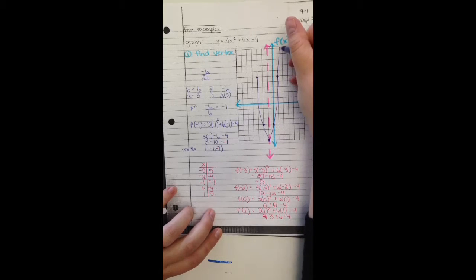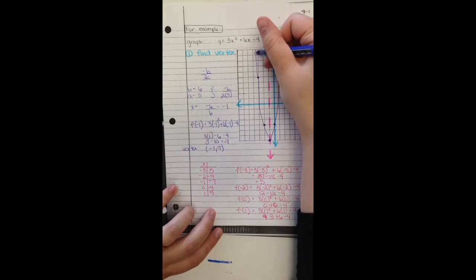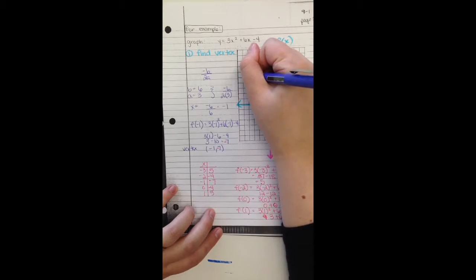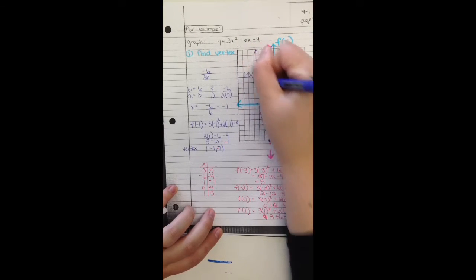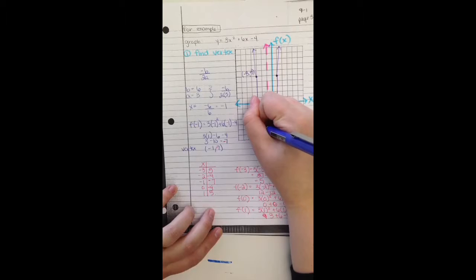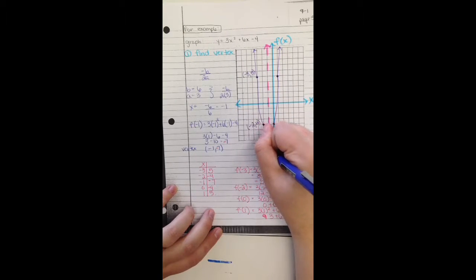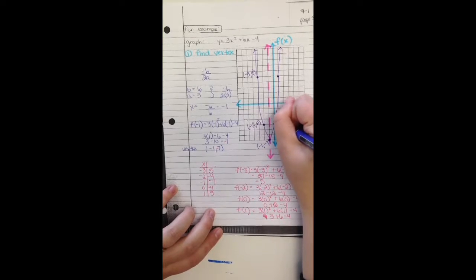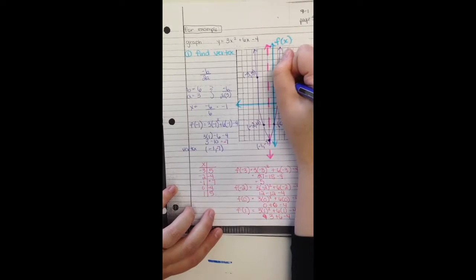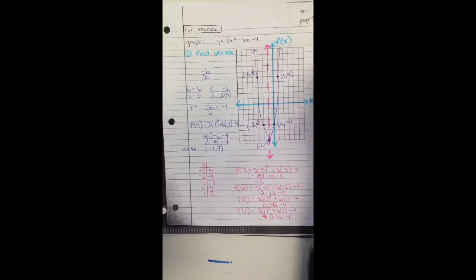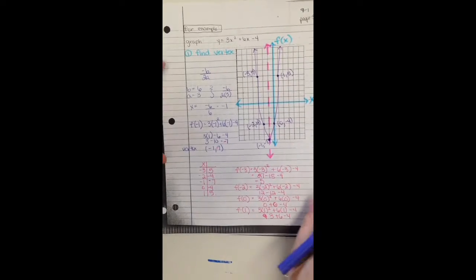I should just keep going up and put arrows at the end. Don't forget to label your points. Okay? And that's how you graph a parabola. That's a little bit rough, but we're going to do it again.